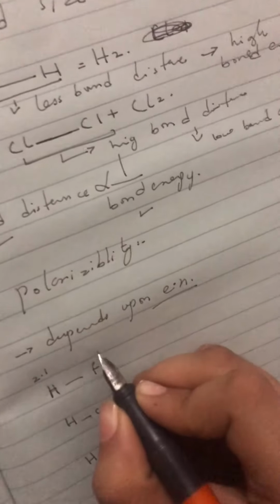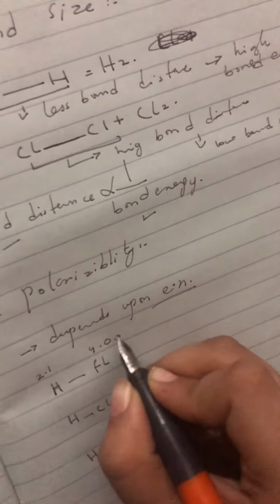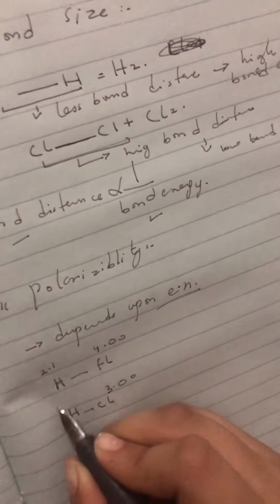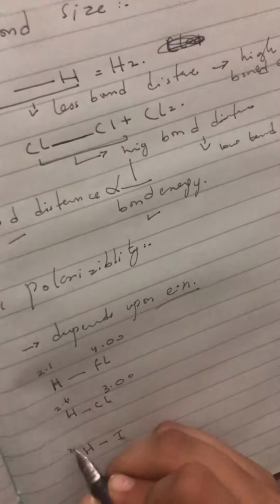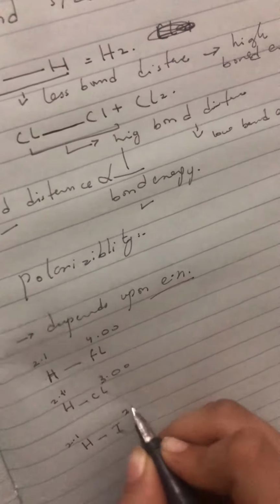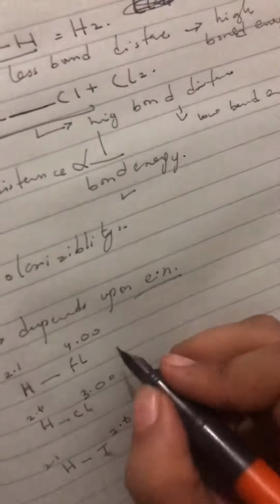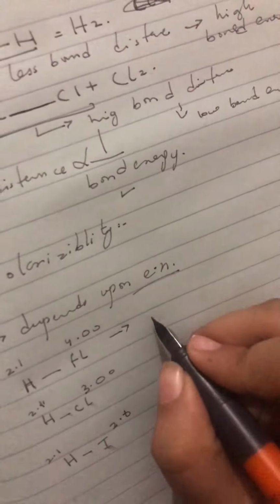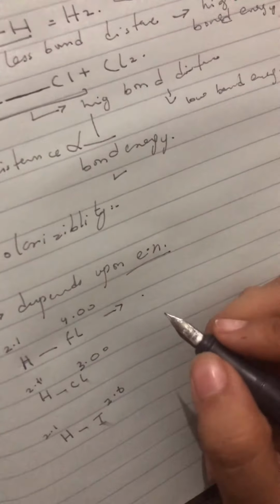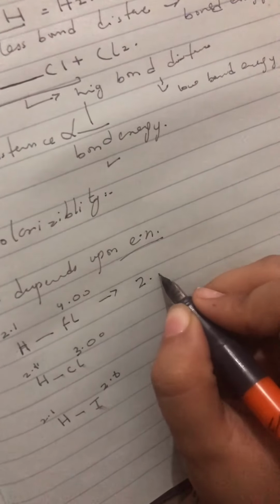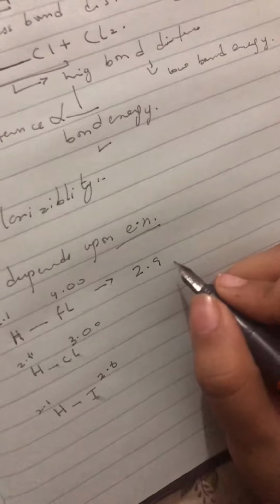Hydrogen has 2.1 electronegativity, fluorine has 4, chlorine has 3, and iodine has 2.6. Now if we do this, the difference will be 2.9 here.